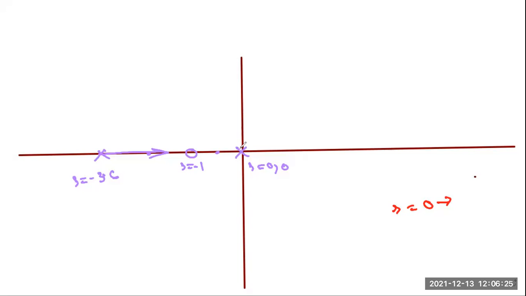No, because there are already 2 poles there, and that same point is your breakaway point. So s equal to 0 cannot be a breakaway point.